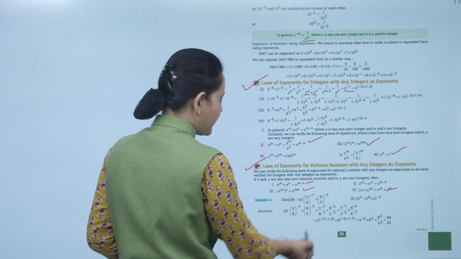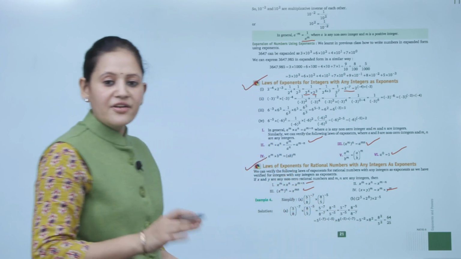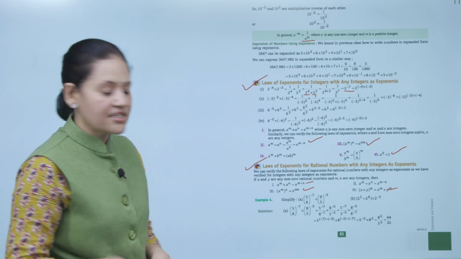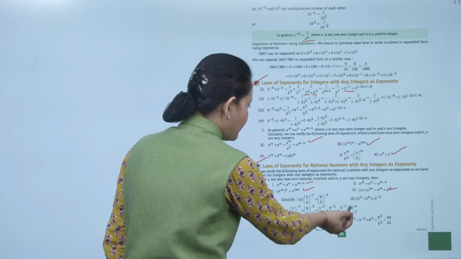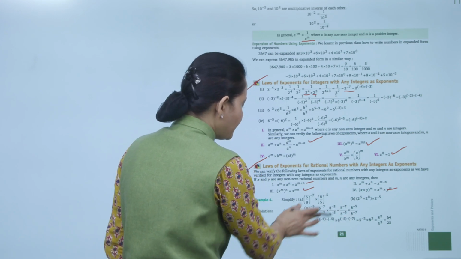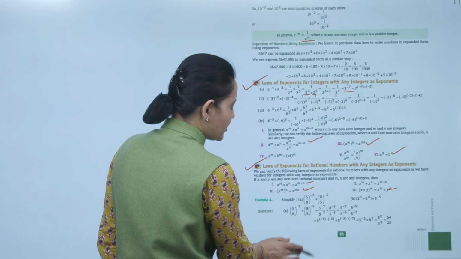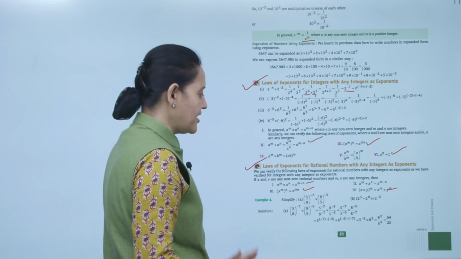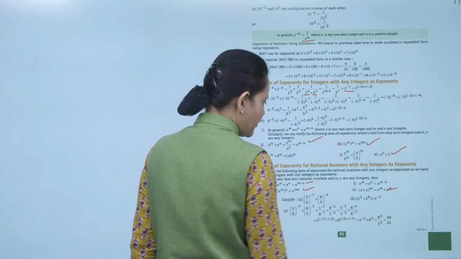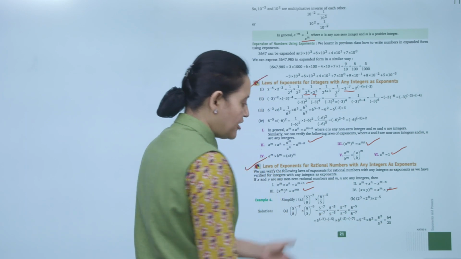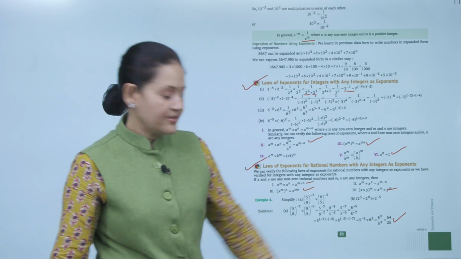So, that is equal to 5 to the power minus 7 into 8 to the power minus 5 upon 5 to the power minus 5 and 8 to the power minus 7. So, here 5 to the power minus 7 minus minus 5 into 8 to the power minus 5 and minus 7, because when it comes up, it becomes positive. So, simply we can write it as 5 to the power minus 2 into 8 to the power 2, that is 8 to the power 2, the negative power goes down, 5 to the power 2, that is 64 upon 25.